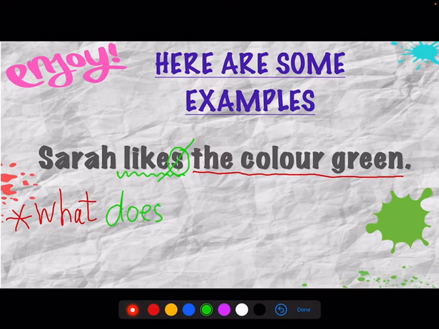So, what does? Okay, so we have the helping verb. Now where's the subject? The subject is Sarah. What does Sarah? Now the verb, but without the S, because we already took the S for the word does. What does Sarah like?